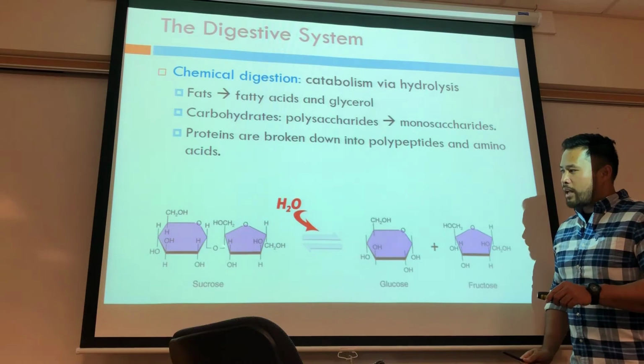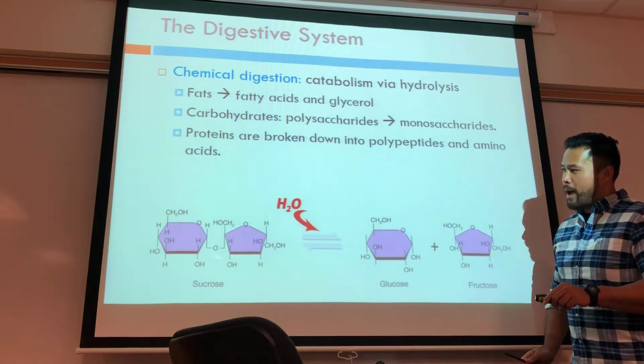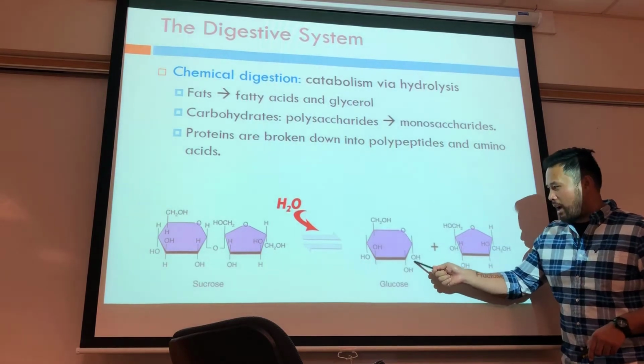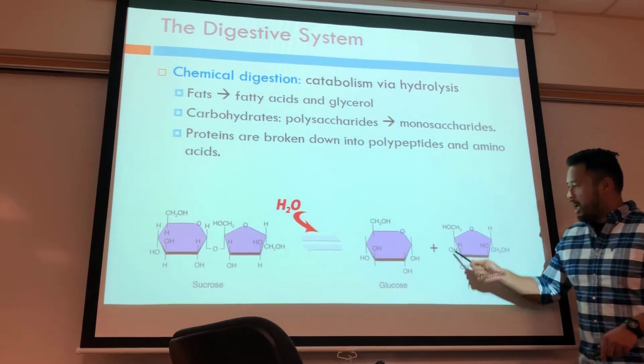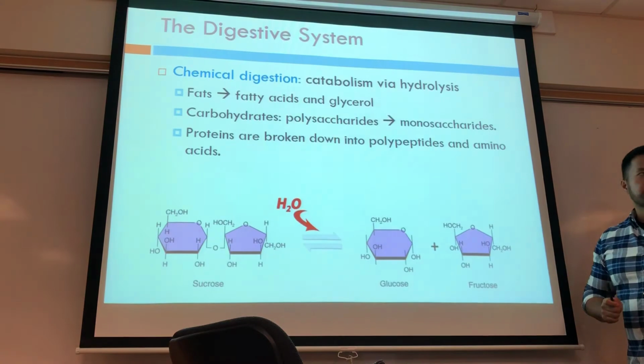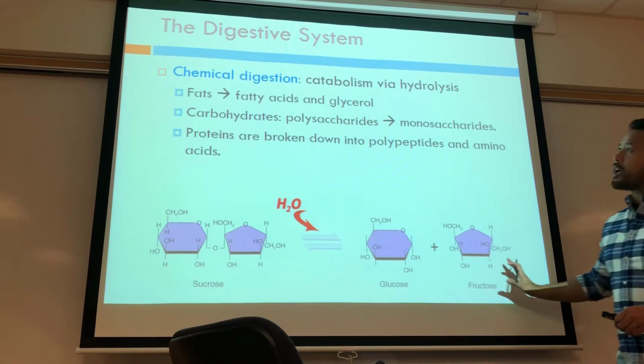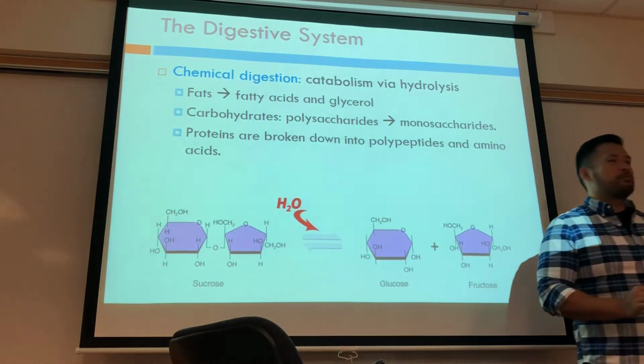Where you originally had an oxygen molecule bound to these two monosaccharides, you break apart one, and you break apart the other. Again, releasing energy, at the same time requiring a water molecule. So this is something that, in the process of chemical digestion, actually involves water.